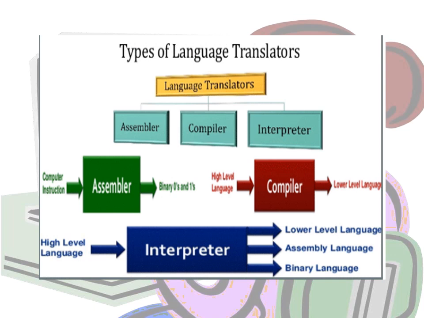This compiler translates the whole program at the same time. And then interpreter converts the high level language into machine code also, and low level language also, and even assembly level language. This interpreter translates one statement at a time.